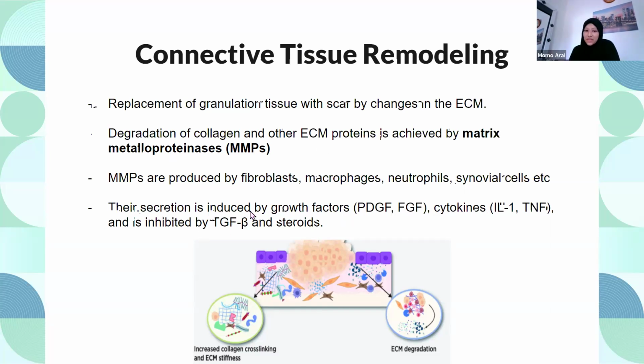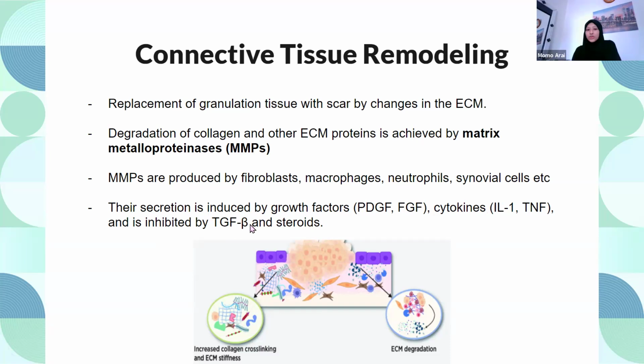Again, it's induced by growth factors, fibroblast growth factor and platelet-derived growth factor. But this is the only difference from the granulation tissue: it's inhibited by transforming growth factor beta. Remember, the main function of transforming growth factor beta is to make the ECM, the extracellular matrix.